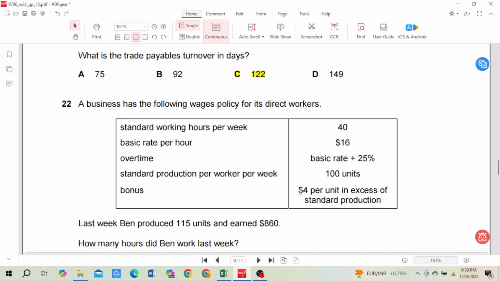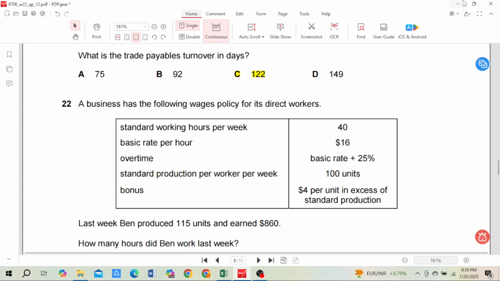Bonus of $4 per unit in excess of the standard production. So in this question, if we produce anything above 100 units, then on those extra units we will get $4 as bonus. And if you work any time above 40 hours, then the overtime payment would be basic rate plus 25% of the basic rate.